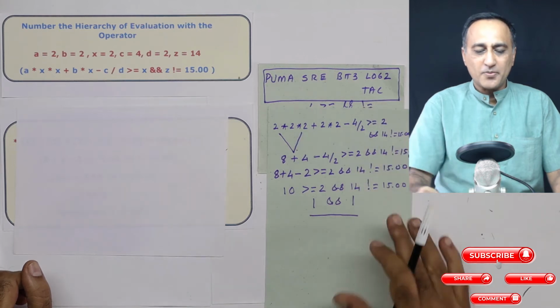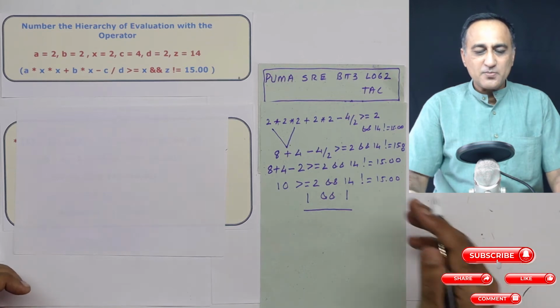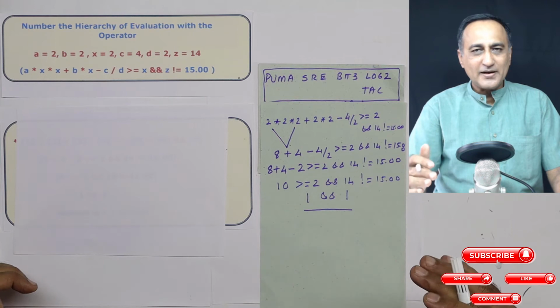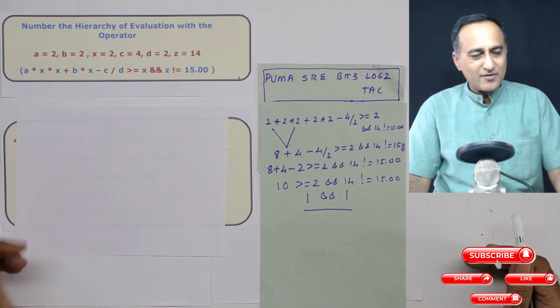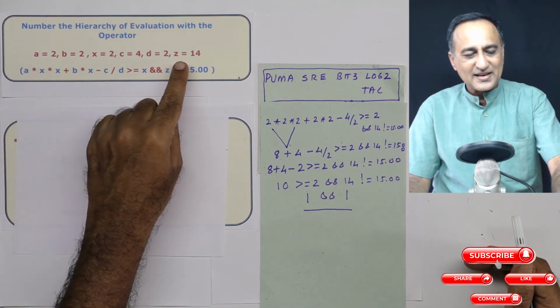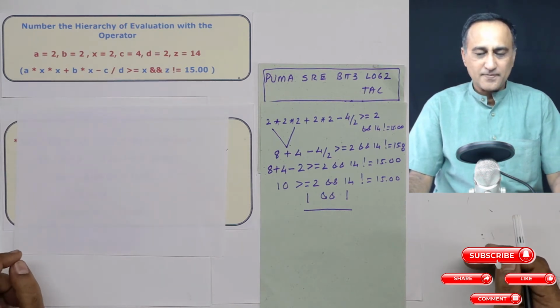the comma operator. If you have to evaluate such an expression, it is important that you have a good idea of the associativity and precedence operator table. What I have done is given different values for A, B, X, C, D and Z. These are the values of the variables in this particular expression.